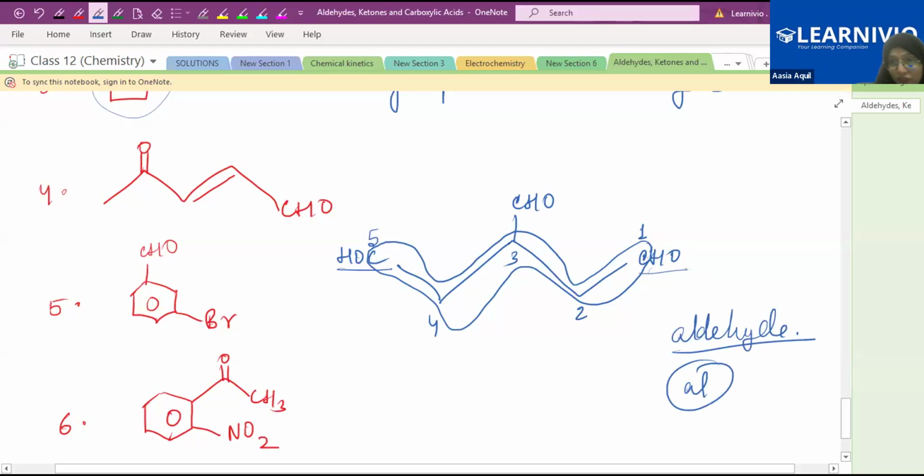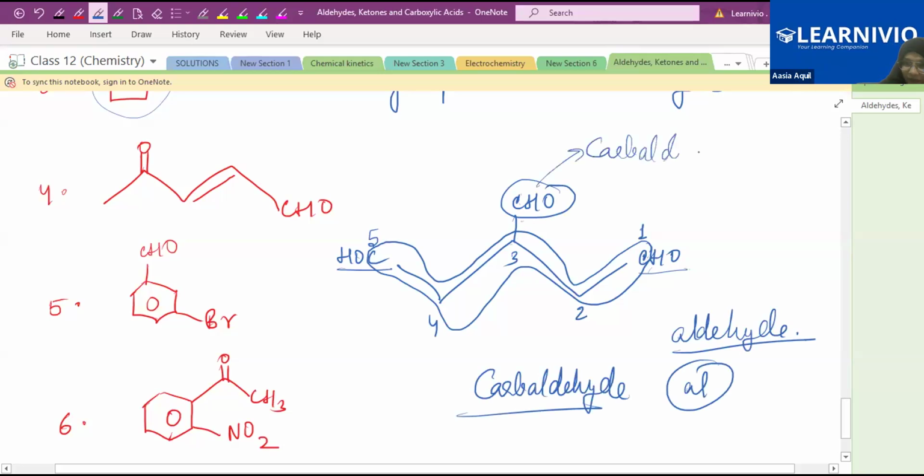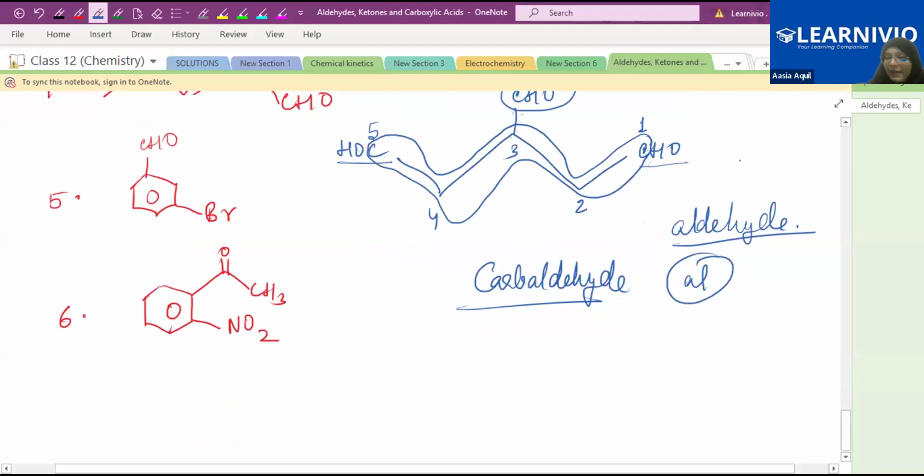But on the third position, you can see there is a carbaldehyde substituent. When you are not including this carbon in a parent chain, this is known as carbaldehyde. Now the question is how you can write the name. Carbaldehyde you will write, and the word al too.